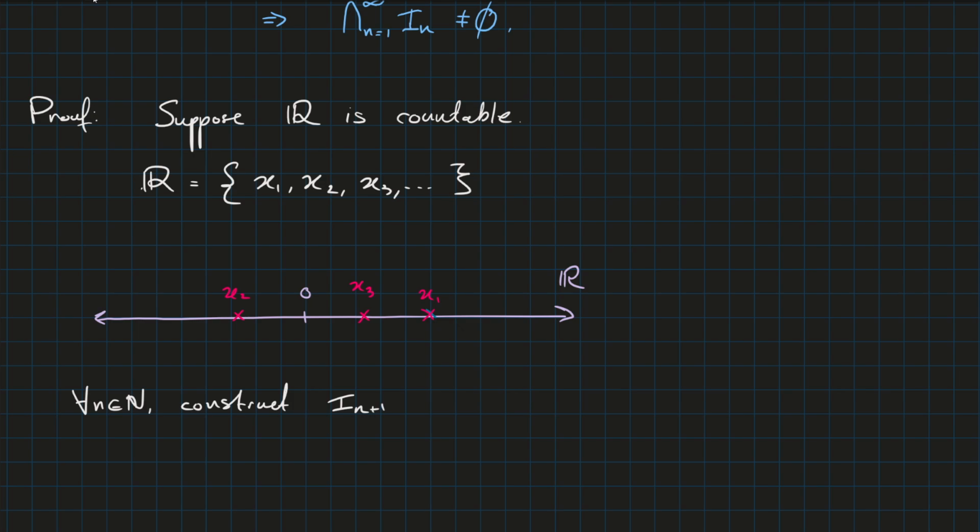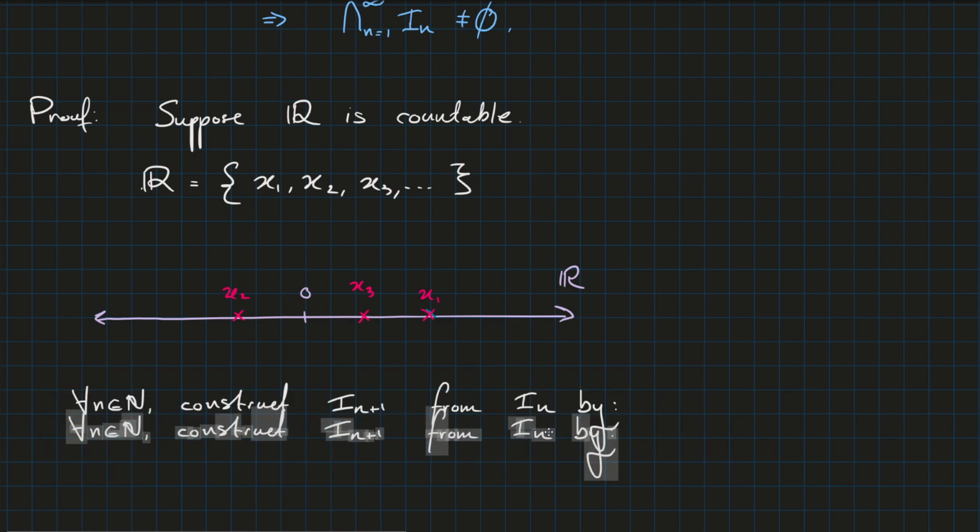Maybe you construct I_{n+1} from I_n by, okay, well, we've got to fill that in, right? We'll be doing some induction here, so maybe I'll start with the base case.